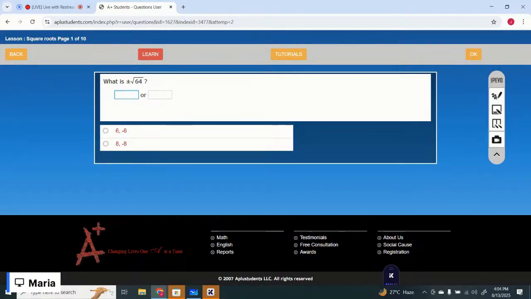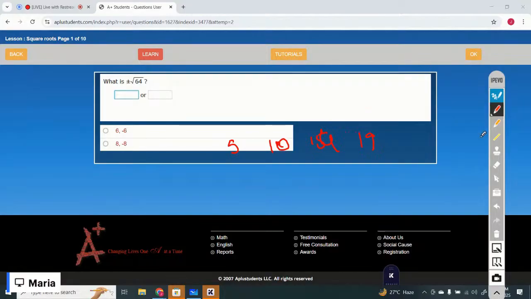What is plus minus square root 64? So you need to find a number that when multiplied, the answer is 64. So which number is it? That is 8 times 8, right? We can write it as 8 square. So 2 and square root cancel out each other. We are left with 8.